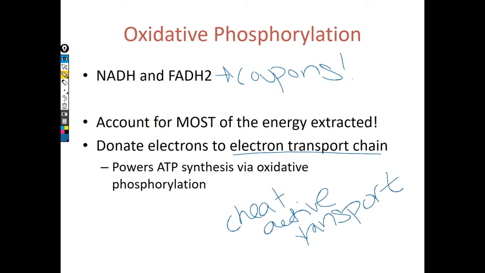And so as electrons, they're going to cheat and smuggle protons across the membrane.